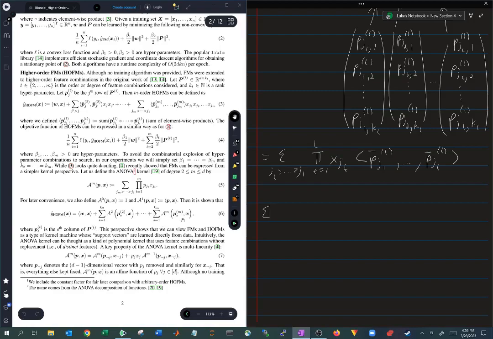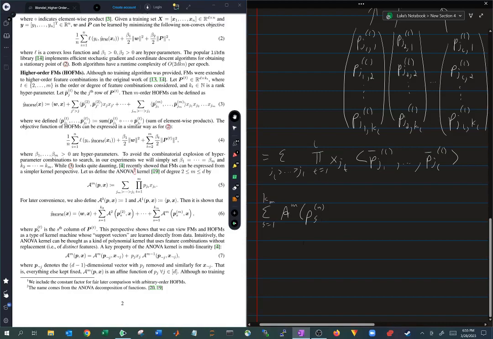So let's start with this term here. We have the sum from s equals 1 to k sub m of a_m of p_s^m. It is a little confusing because I don't have a way to bold my lowercase p's.